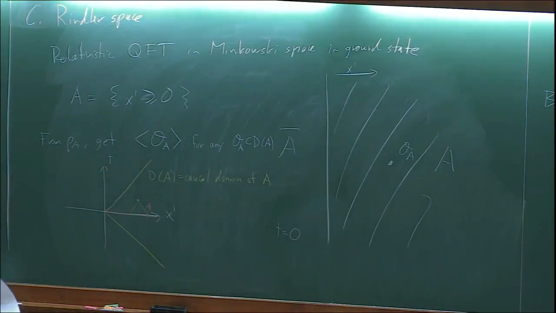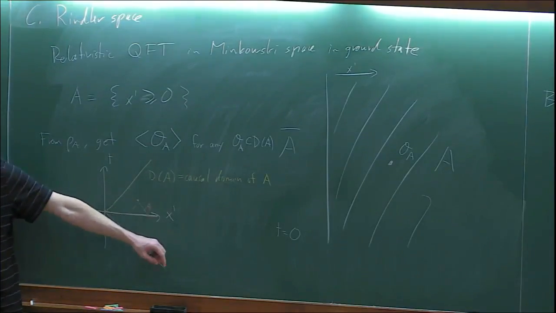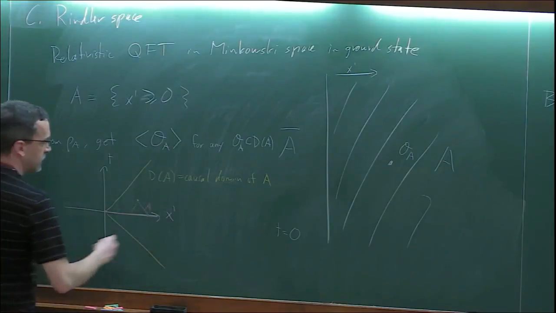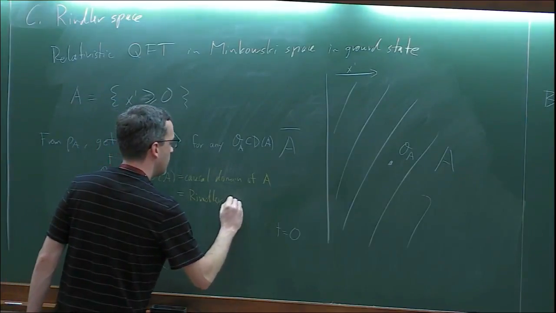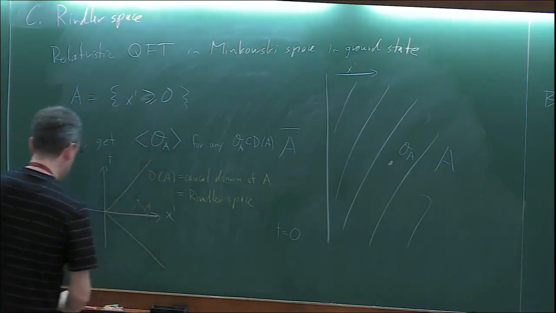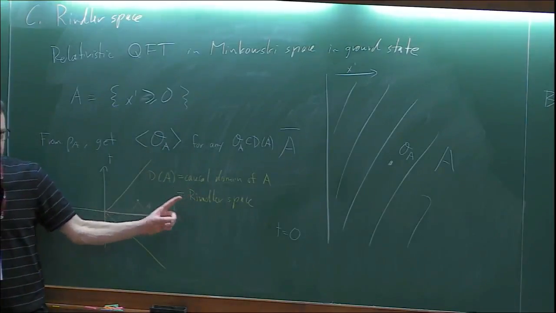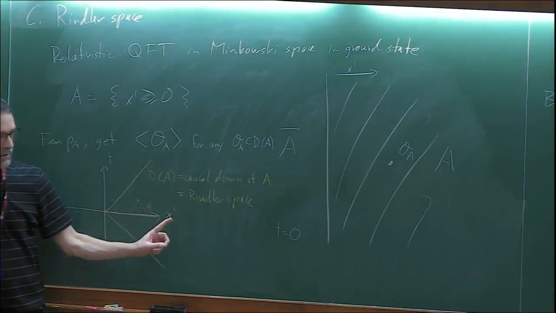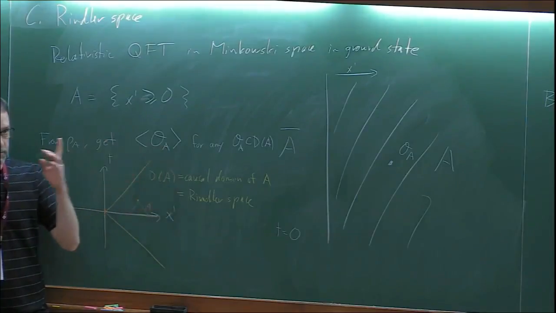So once I know rho sub A, I know everything that any observer could observe who lives inside this causal domain. And this causal domain is called Rindler space. Now, if you are an observer who is confined to Rindler space, what you have to do to stay inside Rindler space is you always have to keep accelerating. Any timelike geodesic will leave Rindler space eventually.